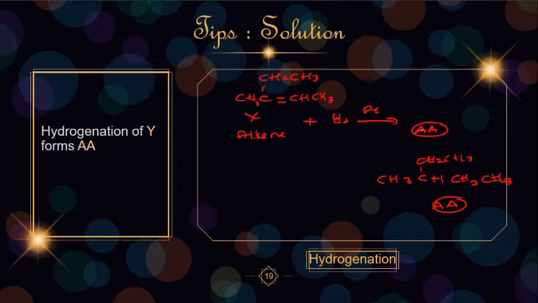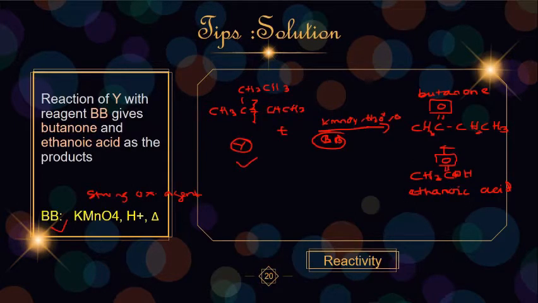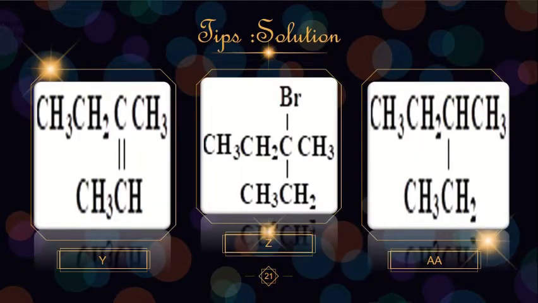Y tadi, hydrogenation of Y. Actually, Y tadi adalah alkene tadi. Kita dah dapat AA. Kita dah dapat BB. Kita dah tahu BB tu apa. Okay, done. So this is all the structures Y, Z, AA from this question.